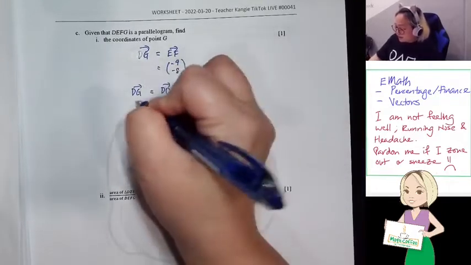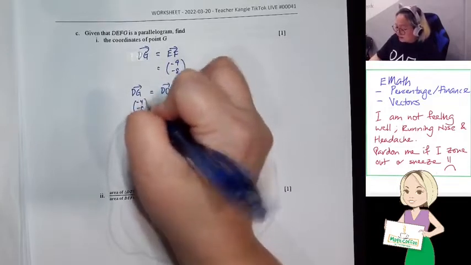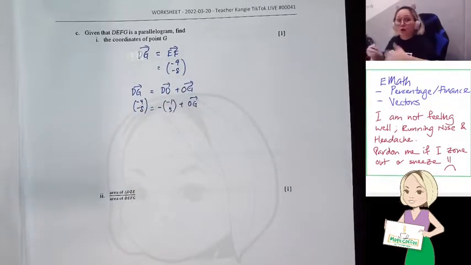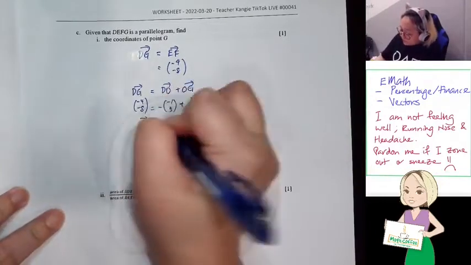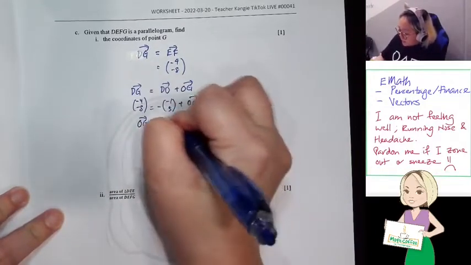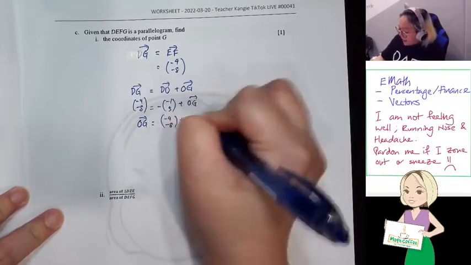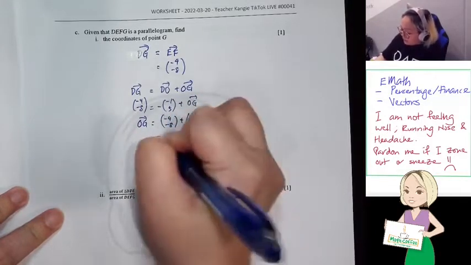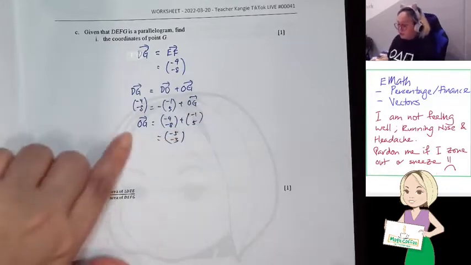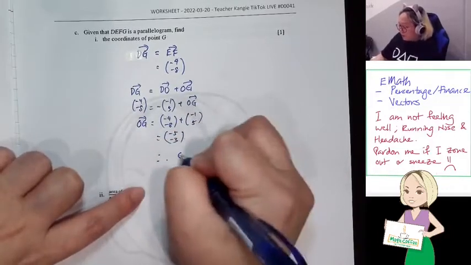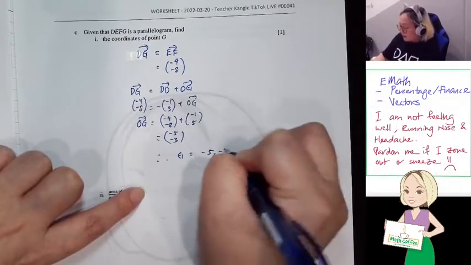DG we already have here, which is (-4, -8). So all you need to do is solve for OG. OG is simply (-4, -8) plus (-1, 5). So I have (-5, -3).